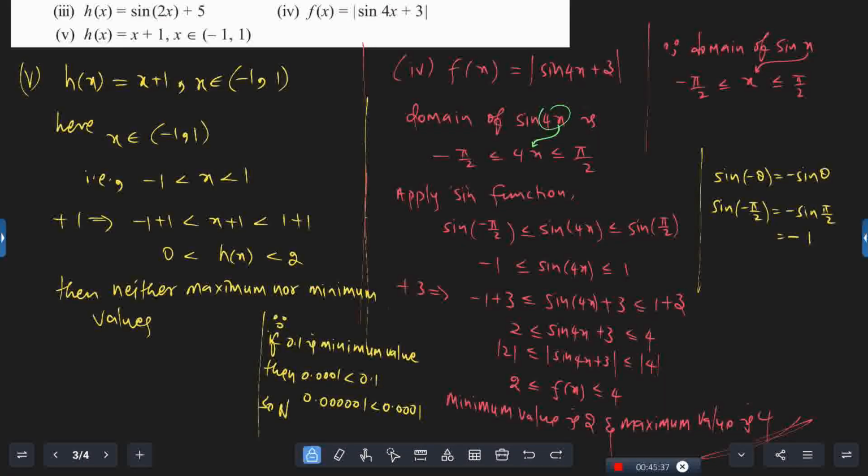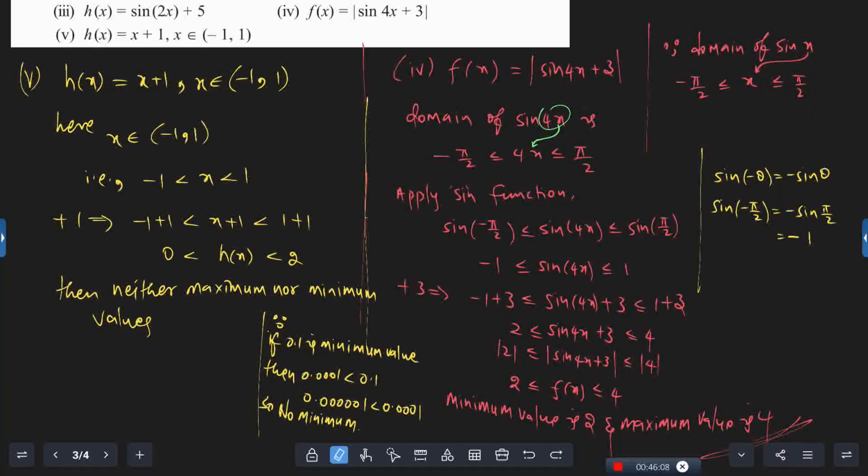Have you understood? Just for understanding purposes, I wrote something here, only for the minimum. In the same manner for the maximum. Someone says 0.1 is the minimum. Compared to 0, this will be small, then that can also be the minimum. Compared to this, that will be small, then that can also be the minimum. Then someone will give an even smaller number. Any small number we can give. So we cannot say which is the minimum and which is the maximum.